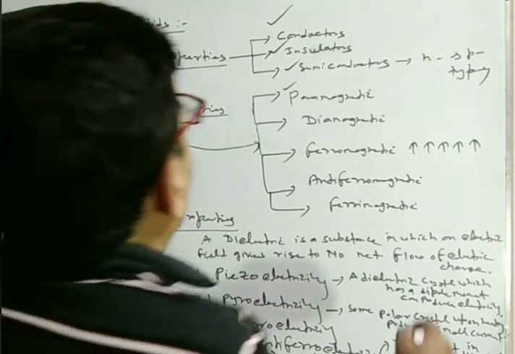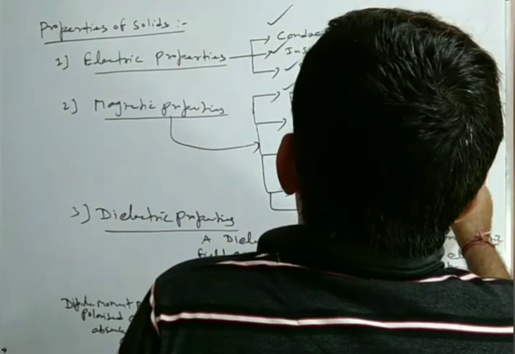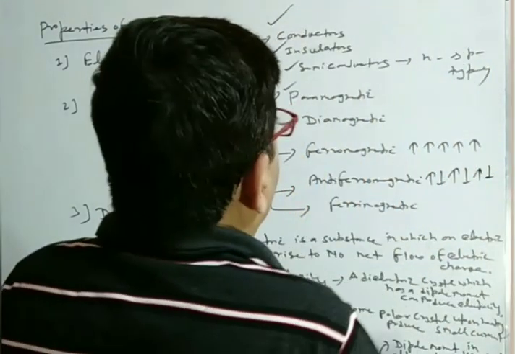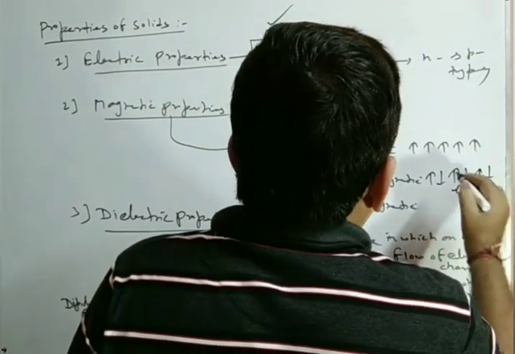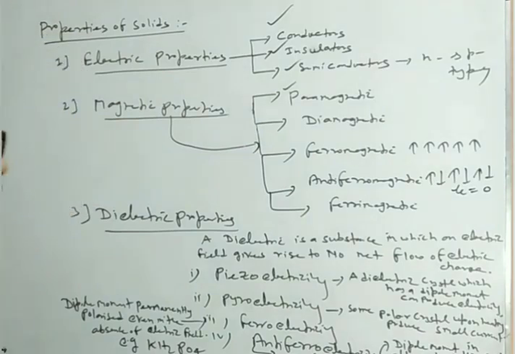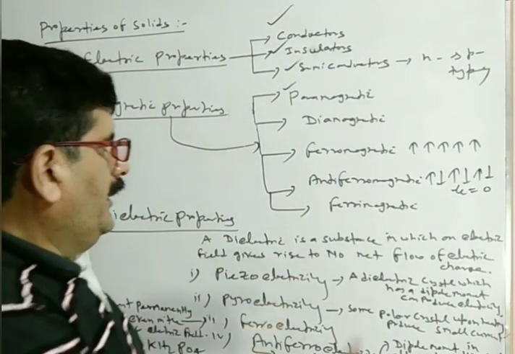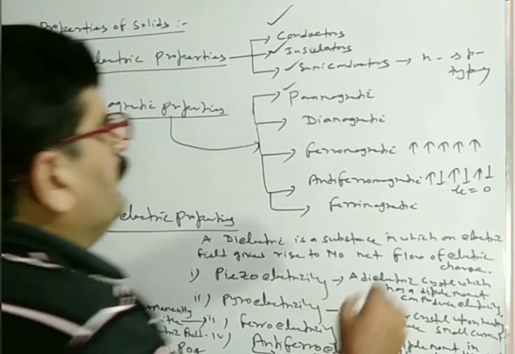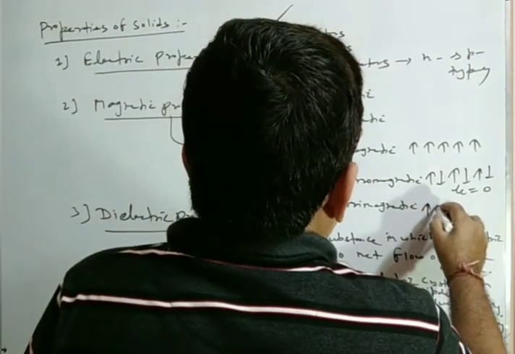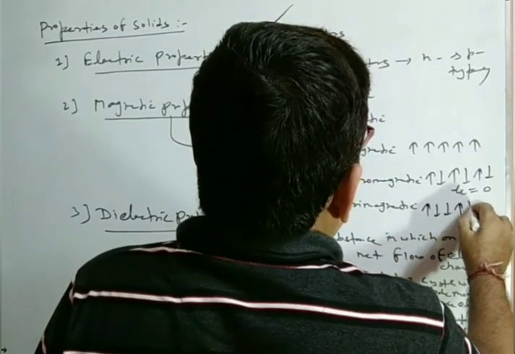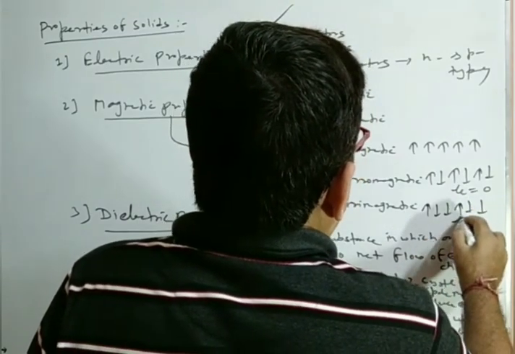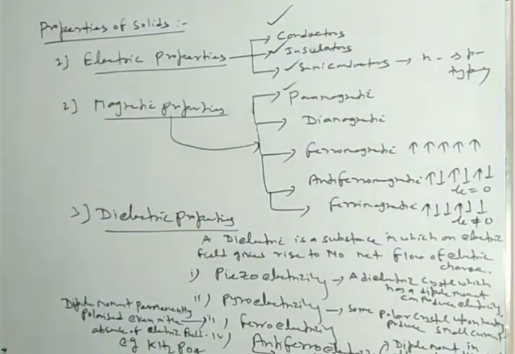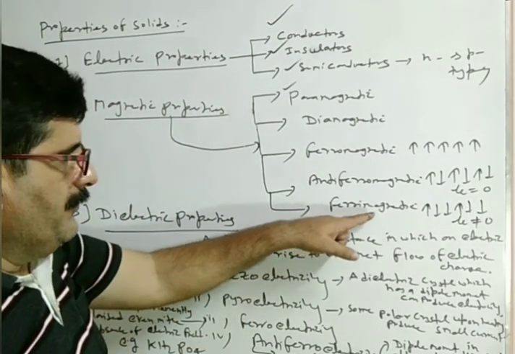But if the alignment of electrons is such that the net dipole moment is equal to 0, then such substances are known as antiferromagnetic substances. But if the alignment of electrons is such that mu is not equal to 0, then such substances are said to be ferrimagnetic substances.